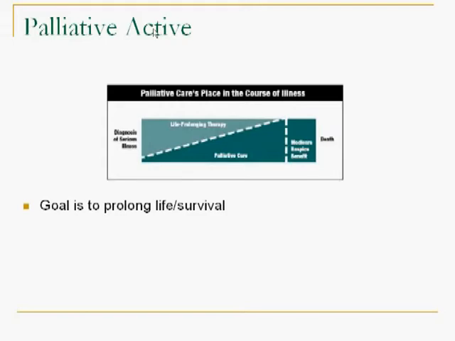So life-prolonging therapy is still the bulwark of her treatment, but we need to address her symptoms, her pain as well. And our tolerance for suffering from treatment-related complications starts to go down. Since we can't cure the patient, we don't want them to suffer unduly from the treatment. So treatment toxicity, we don't tolerate much of at this point.